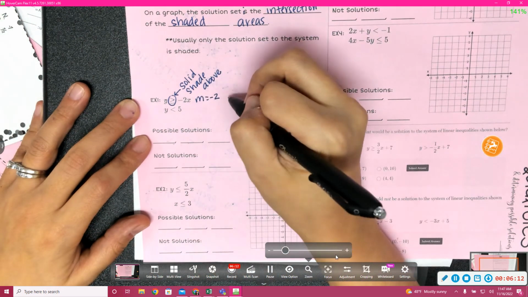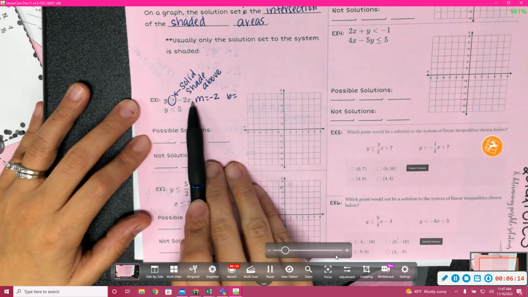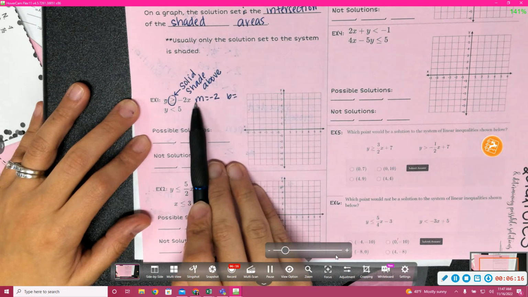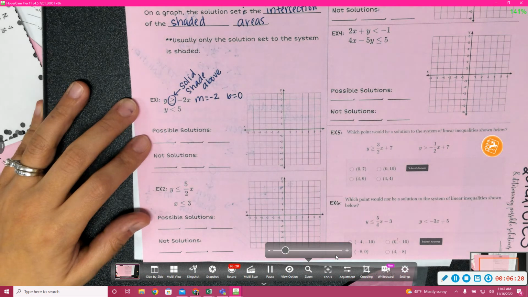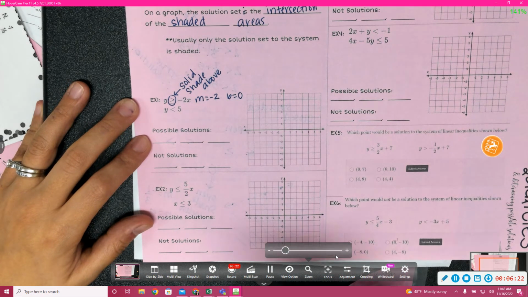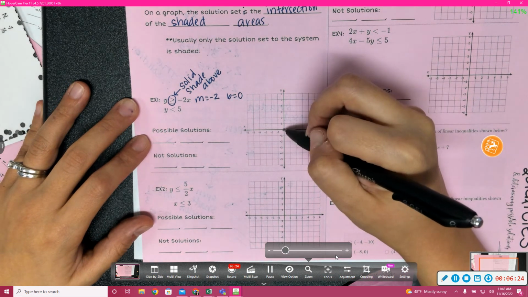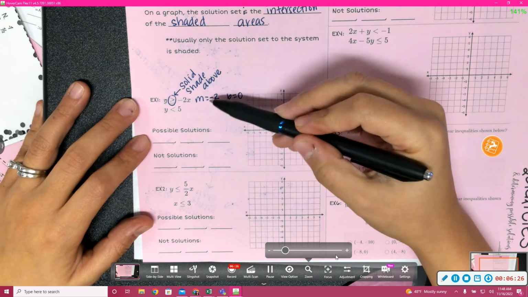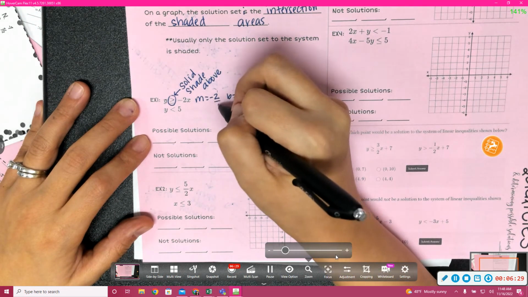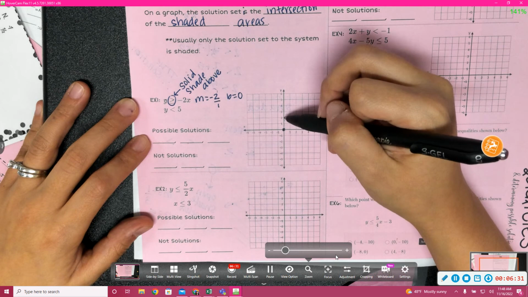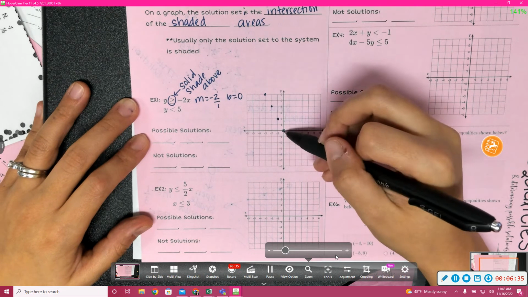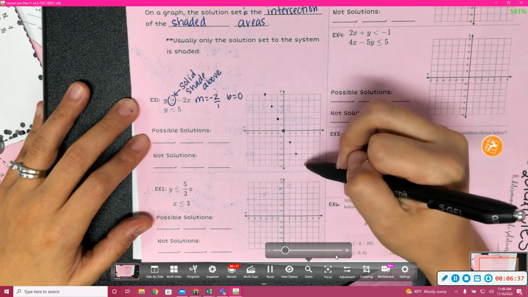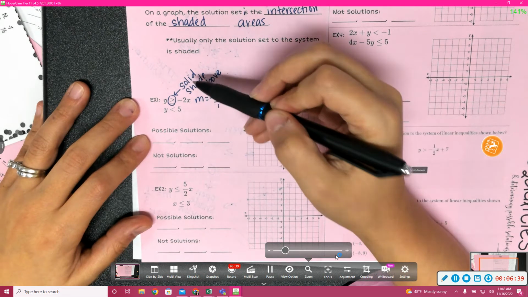And my y-intercept here, notice there's nothing being added or subtracted. Nothing means 0. So your y-intercept is at 0. It begins at the origin. So here's my 0. And then I'm using my slope of negative 2 over 1. So up 2, left 1. Or down 2, right 1. My line is solid.